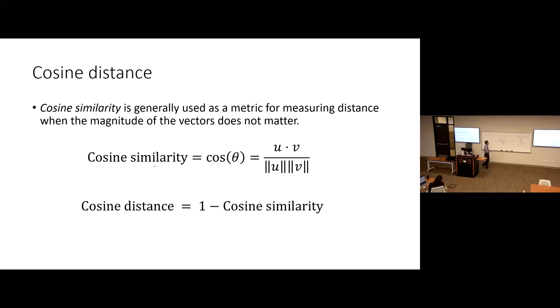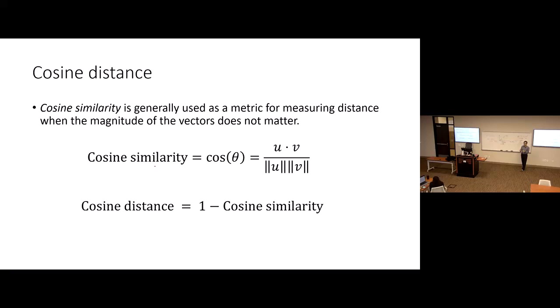We can use 1 minus similarity or simply negative similarity as a distance. There are different ways. If you do 1 minus this, the distance will be in the 0 to 2 range. You can simply add a negative sign here to also define the cosine distance.